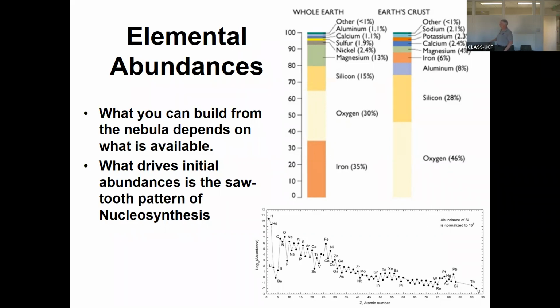There's still quite a bit of aluminum and calcium. If you look at all these mineral compositions that I throw up on the screen, things like magnesium and calcium and aluminum show up all the time. So what you get depends on what's available in different solar systems.